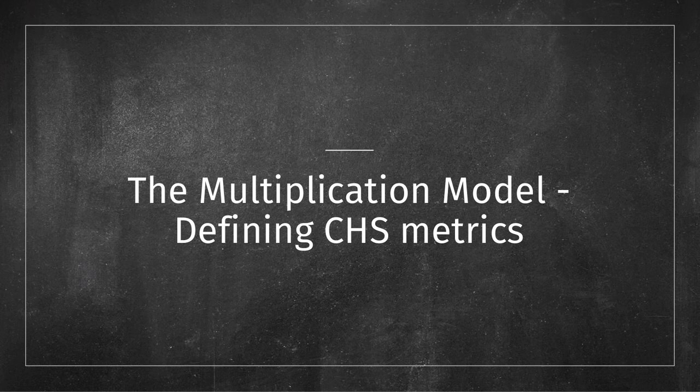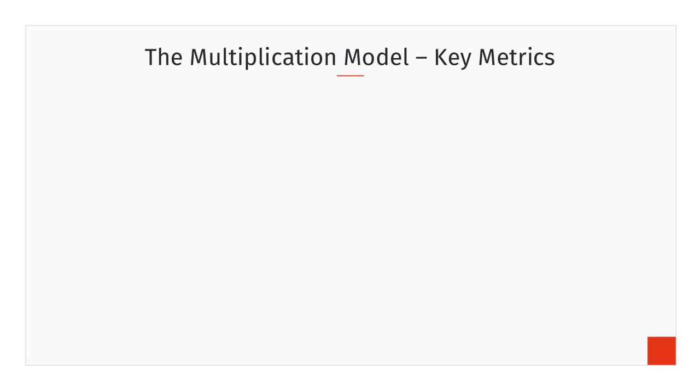The second step in the cycle is to define the customer health score metrics. We asked ourselves, what do we need to track and know to decide if the customer health is good? I'm going to talk on this slide about the theoretical idea behind it. We found 4 key metrics that we want to make sure we track and cover in the customer health score.